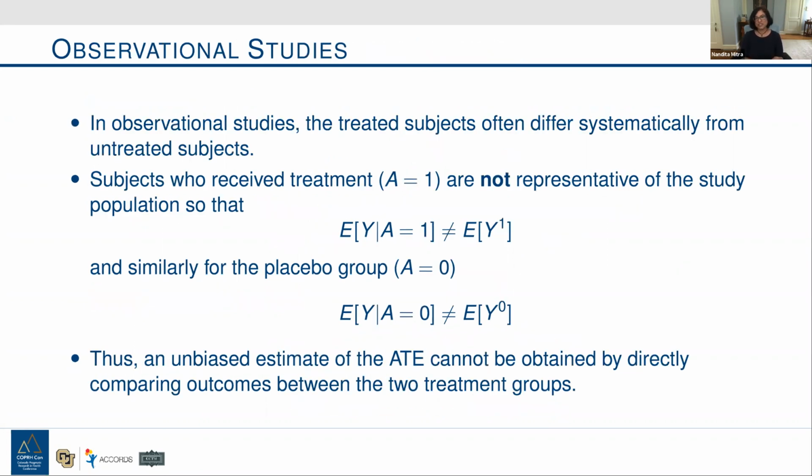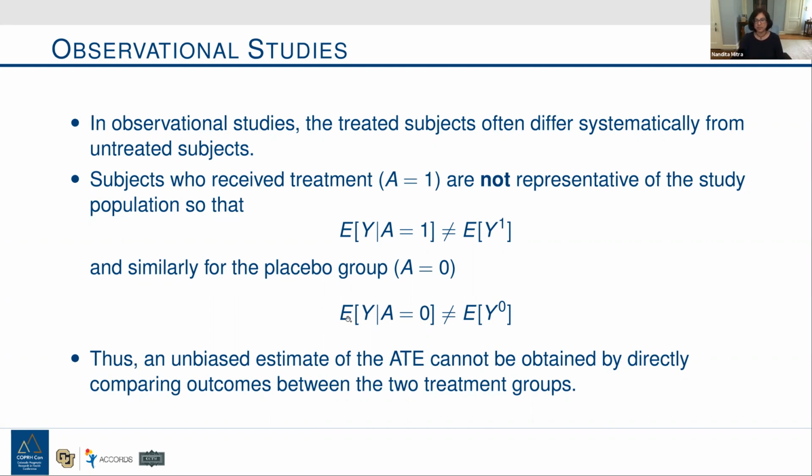But in observational studies, the treated subjects often differ systematically from the untreated subjects. And so subjects who receive treatment A equals 1 are not necessarily representative of the study population. So here we can't say that the average of the potential outcome under treatment 1 is equal to the average observed outcome, given that you were treated, because those people who are treated are not representative of the whole population.